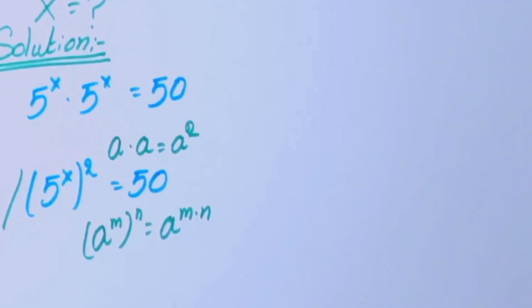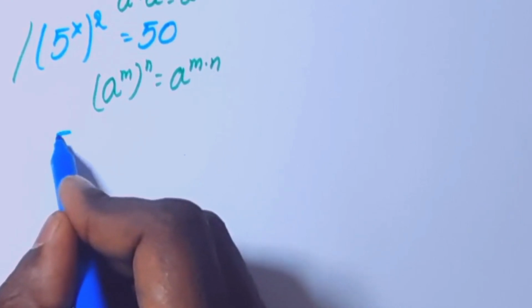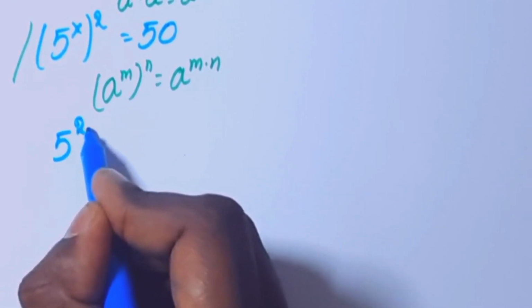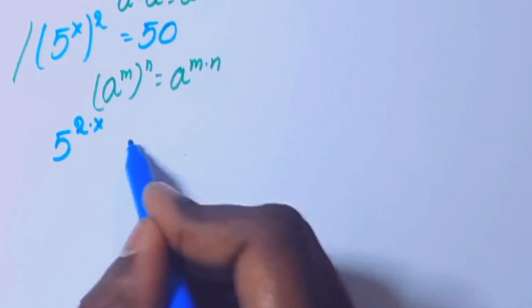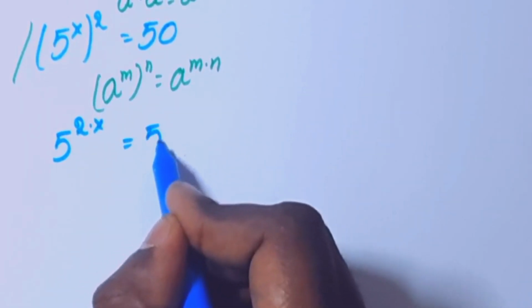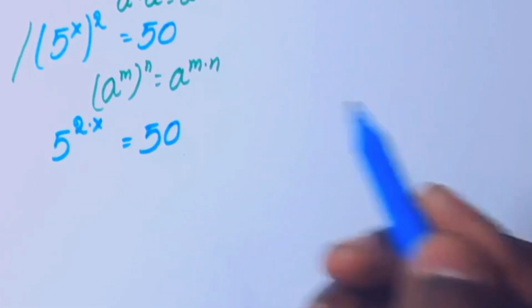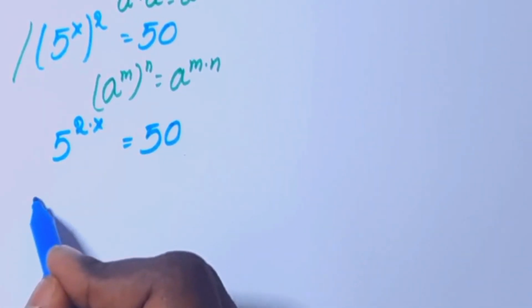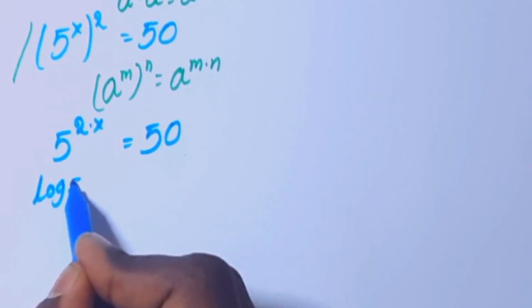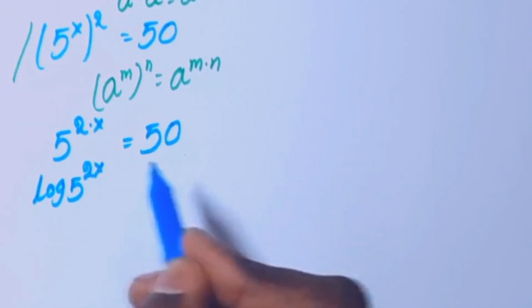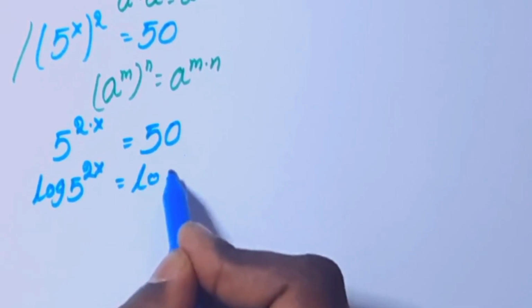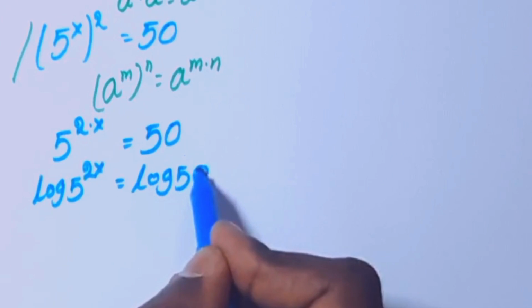So we'll get 5 power 2x equal to 50. Now take a log on both sides. Log 5 power 2x equal to log 50.